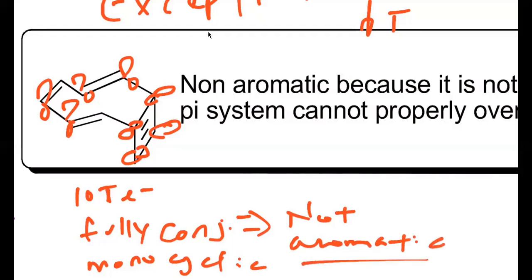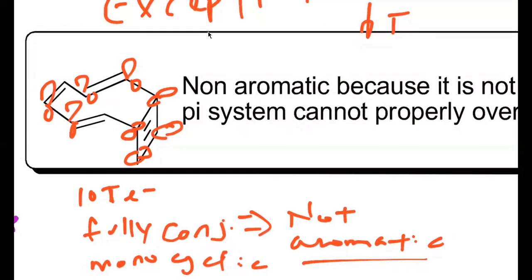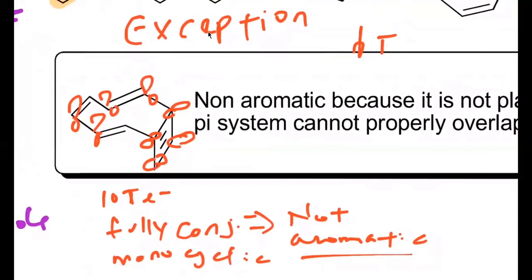What's the problem with it? It's not planar. And that breaks up the aromaticity, because if you look at the pi bonds that are here, those p orbitals can't overlap with the p orbitals that are here in this plane. Those p orbitals are perpendicular to the other ones.